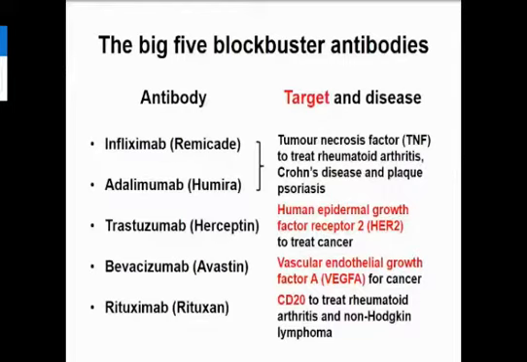We have Avastin. This targets vascular endothelial growth factor. This is used for a variety of different solid tumours. And then we have Rituxan. This targets a cell surface protein called CD20, and it's being used to treat rheumatoid arthritis and also a type of blood cancer called non-Hodgkin's lymphoma.